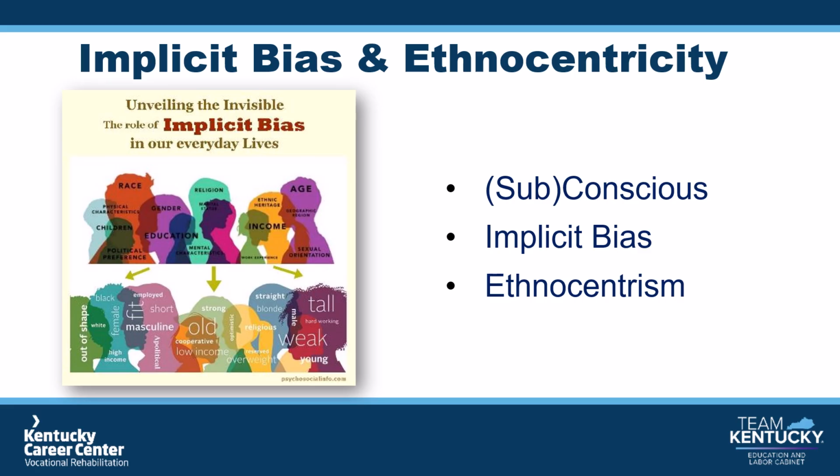Implicit bias and ethnocentrism can be conscious or subconscious. We may not recognize them, but we are all products of the systems we were raised in, and we were all taught biases. Implicit bias is a negative attitude that we may not be consciously aware we have towards a specific group. Ethnocentrism is the attitude that one's own group, ethnicity, culture, or nationality is superior to others.